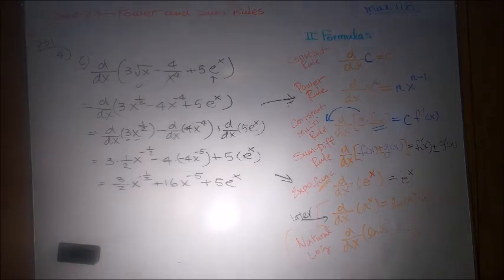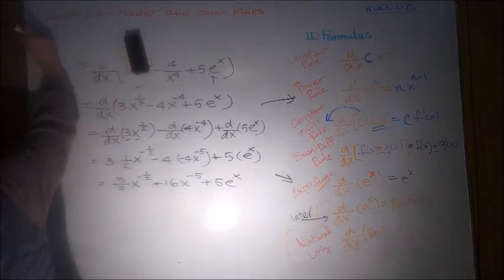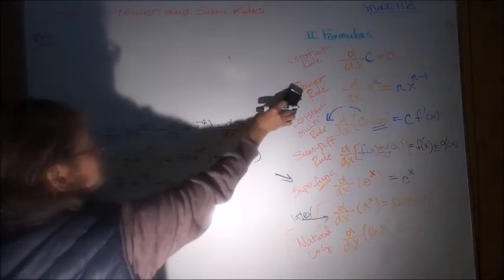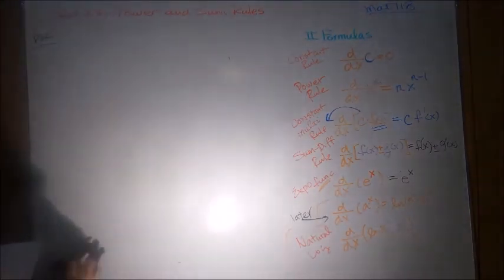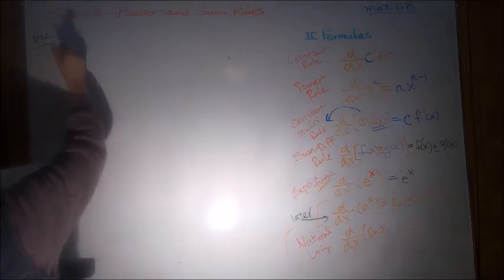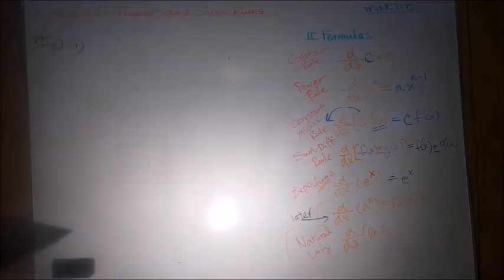Okay, so let's take a look at page 32, next one. So that's on our page 32. Then let's see what's happening. Okay, so we are still trying to practice the what? Derivative.